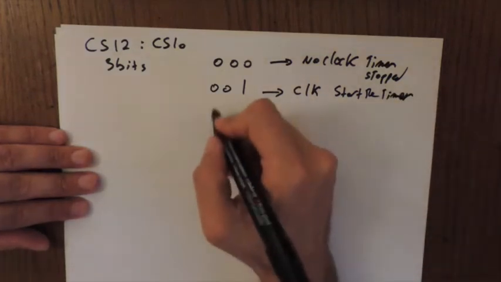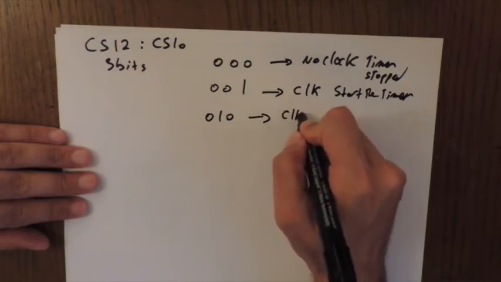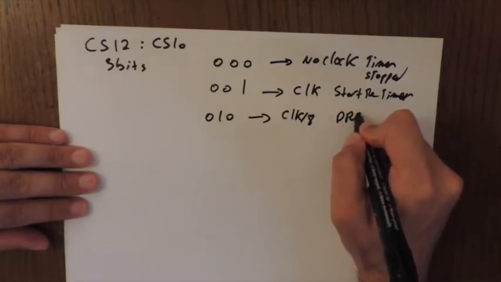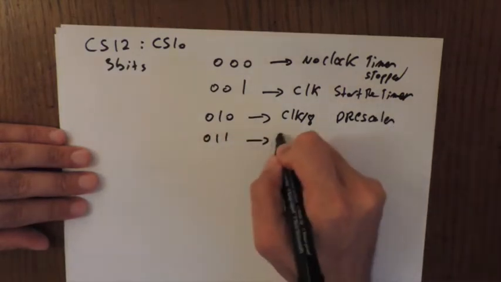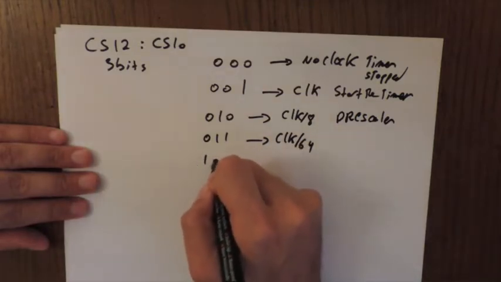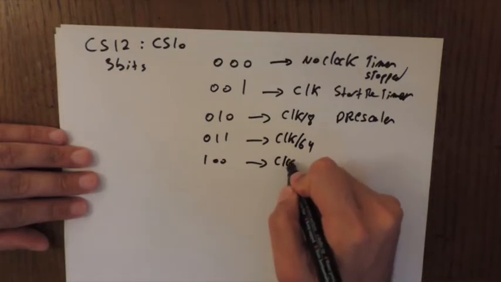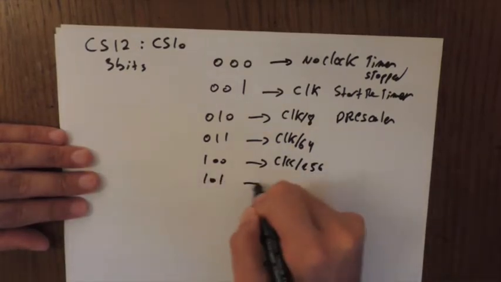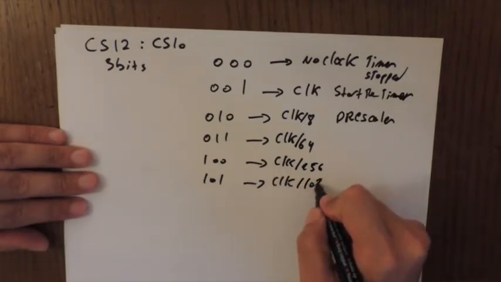Now we also have 010. Now we're going to feed it with clock over 8. This is a prescaler, which I'm going to discuss later in the lecture. 011 is clock over 64. 100 is clock over 256. 101 is clock over 1024.